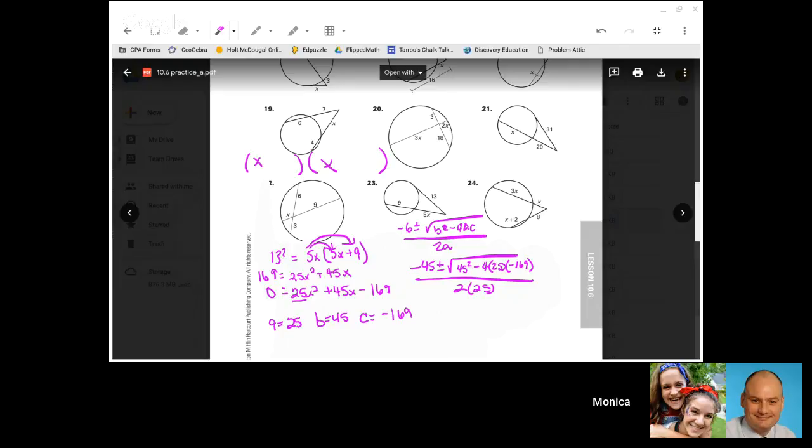So do you see how to do 24 then too? You think you'll be okay on that? 24, the only difference is that you do the outside times the whole thing equals the outside times the whole thing. So it's going to be x times x plus 3x equals 8 times 8 plus x plus 2. Does that make sense?